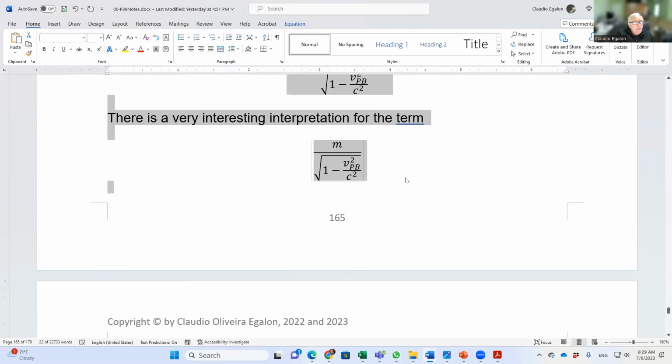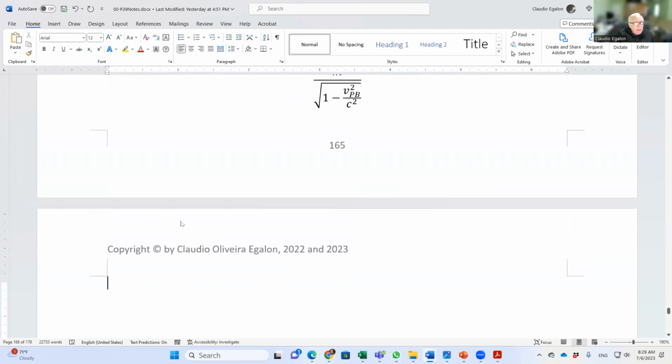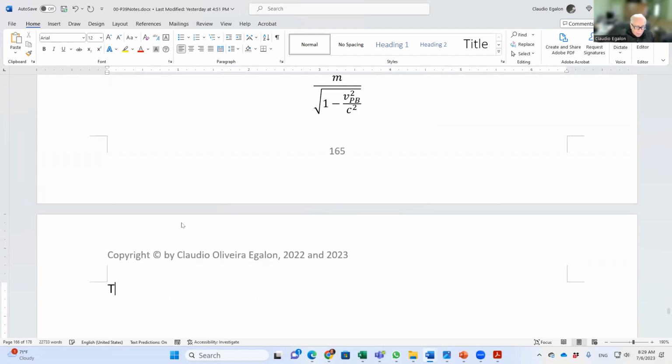So the initial interpretation of this term here was that the relativistic mass. That was the initial interpretation of this term. Initially, the interpretation of this term would be in terms of the relativistic mass.